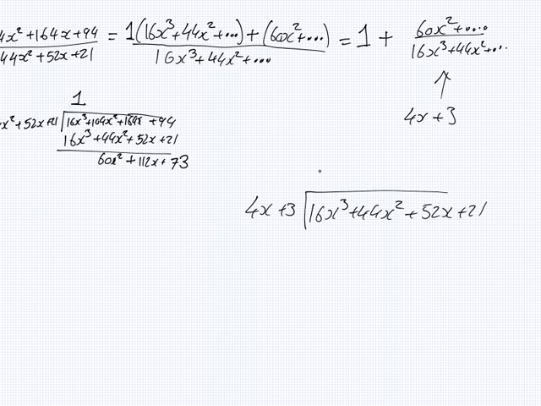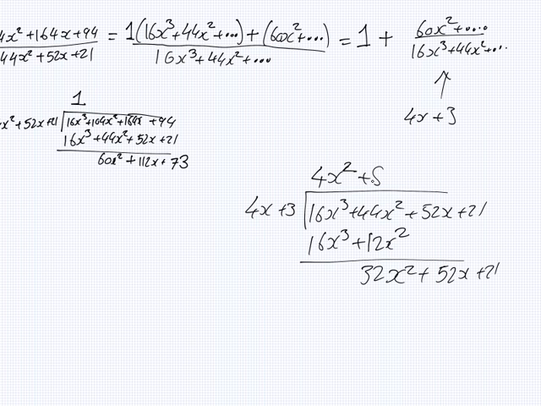So what's here? 4x squared. So that's 4x squared times 4x plus 3, which is 16x cubed plus 12x squared. Subtracting, we get 32x squared plus 52x plus 21.